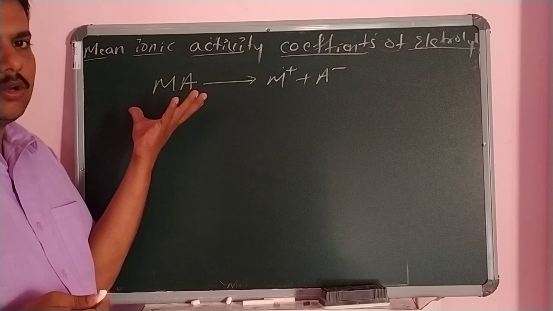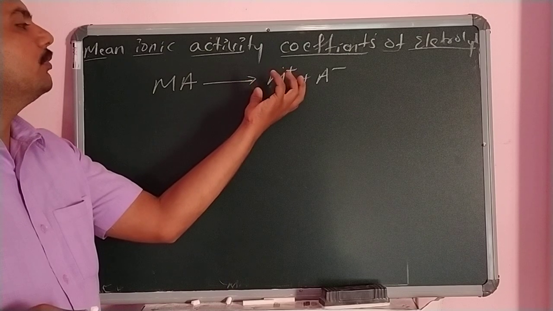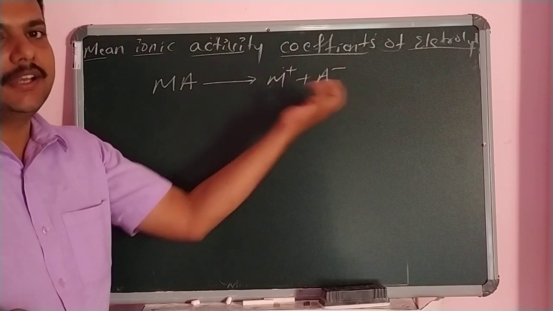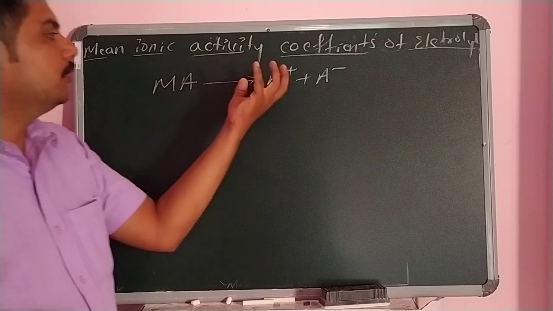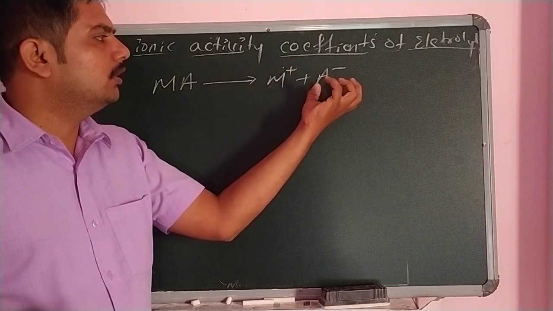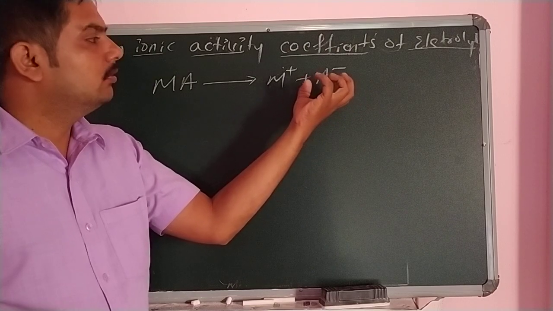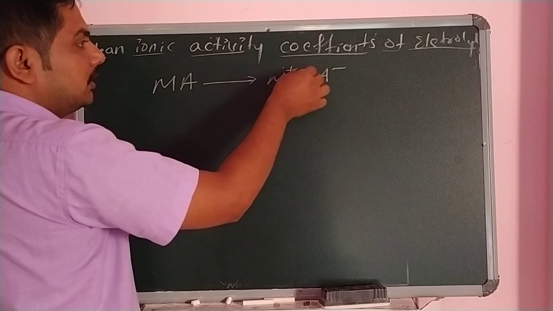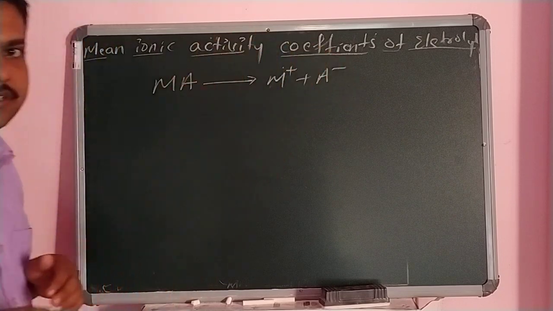MA is an electrolyte. Here there is a formation of a number of positive ions and a number of negative ions. The total number of positive charges is equal to the total number of negative charges in the electrolyte.